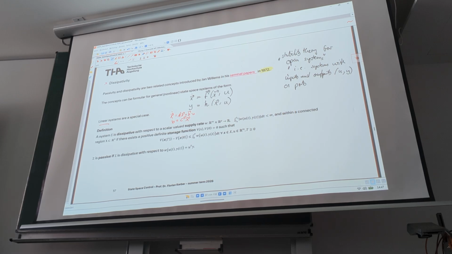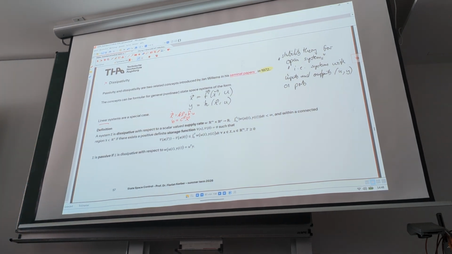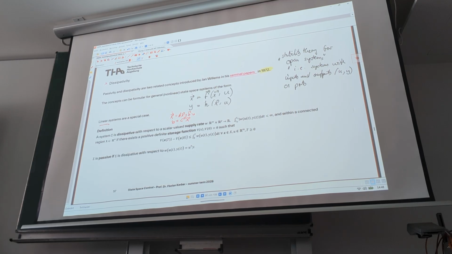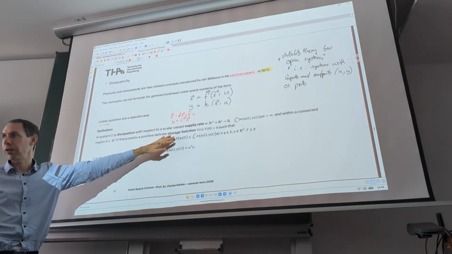Now, what does dissipativity mean? The mathematical definition is given here, but I try to recast this in a more intuitive fashion. If we look at such a system, whether it's the general nonlinear type or the special case of a linear system, we have basically two things if we talk about these systems in possible interconnections. One is called a storage function.